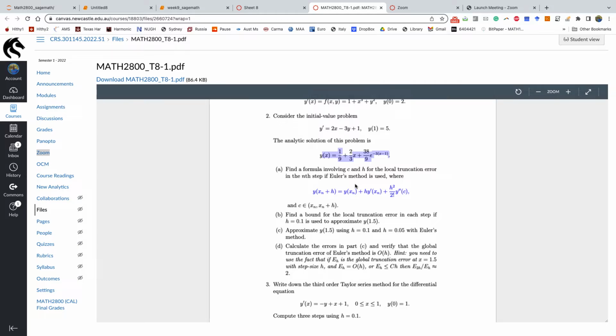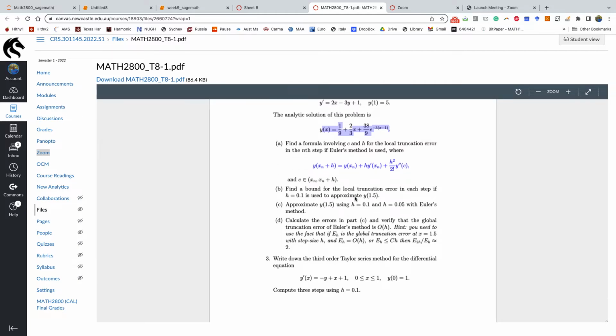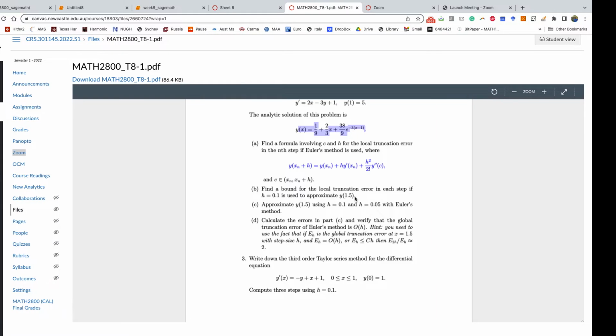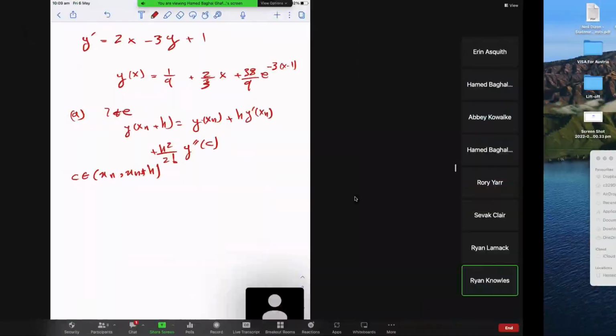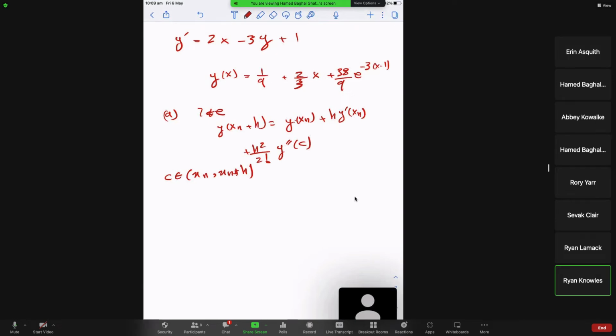Let's go to the Zoom so people can see. So the local truncation error is this one, y double prime at c.